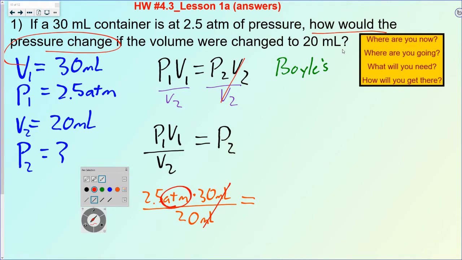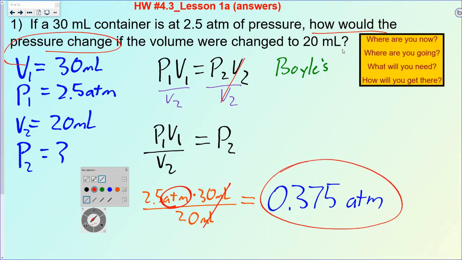Do the calculations, and what you'll find is that the pressure is 0.375 atmospheres. So here we figured out where we were starting at and where we needed to go. Boyle's law is the tool that we needed, and in order to get there, we had to put the numbers into the equation and solve for the unknown. Most of these problems will work the exact same way.